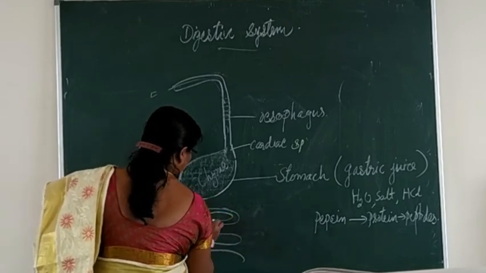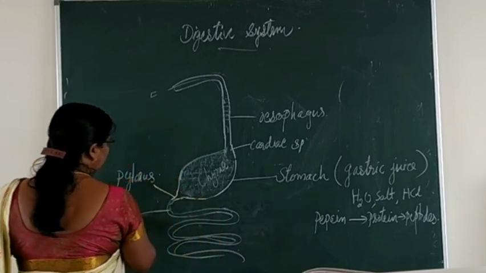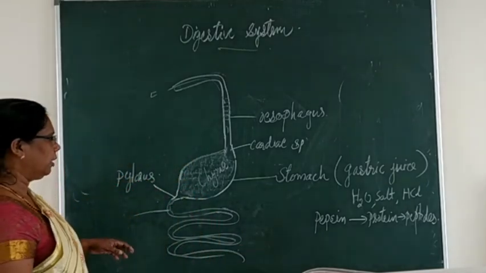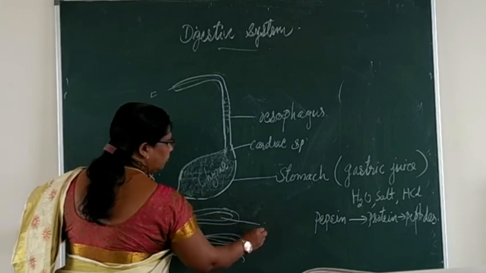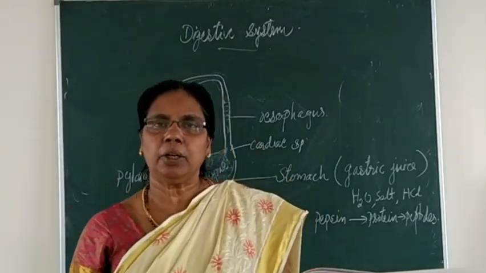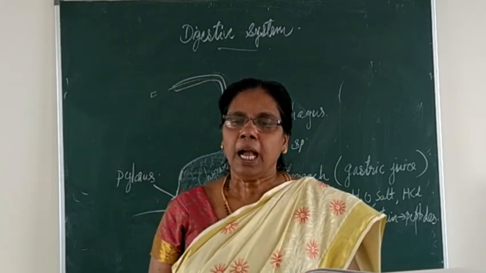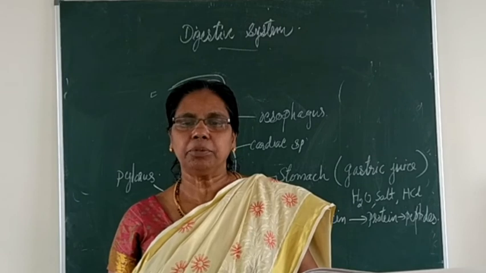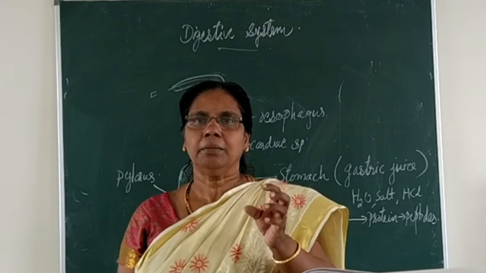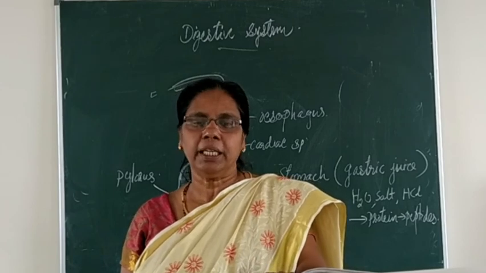This is the structure we are showing, the small intestine. So this region is called duodenum, and the next region is called what? Jejunum. It is a short region, only 2 meters in length. And usually that will be empty. In that jejunum region, food will not remain there. That is an empty region.